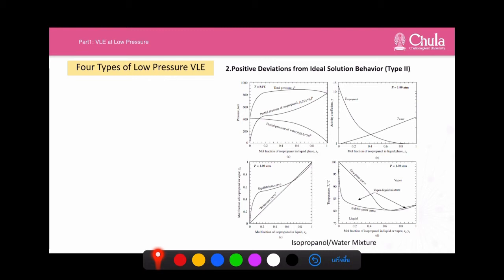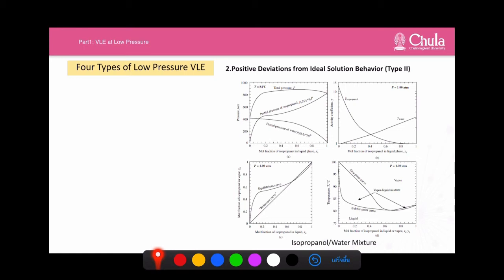Remember that for separation we want to induce a new phase with different composition. But here, the mole fraction of the liquid phase equals the mole fraction of the vapor phase.